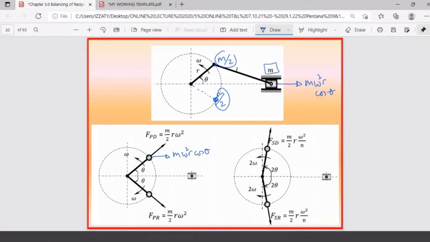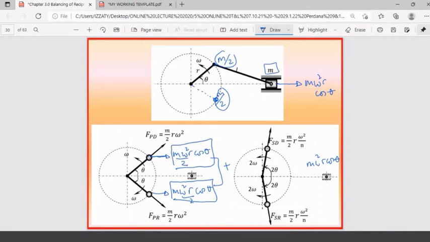But it is not only one crank. You have two cranks to divide it by. So this must be another one, same thing, m omega square r cos theta, also divided by 2. If you add them up together, you get m omega square r cos theta. It's so logical, because you have half m and half m.